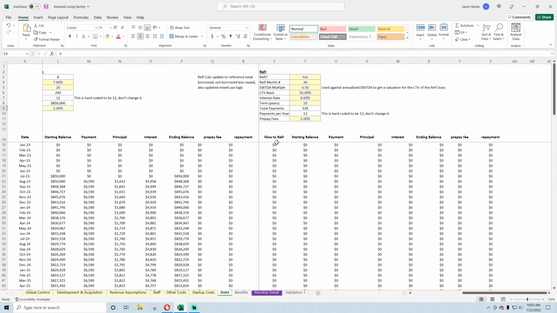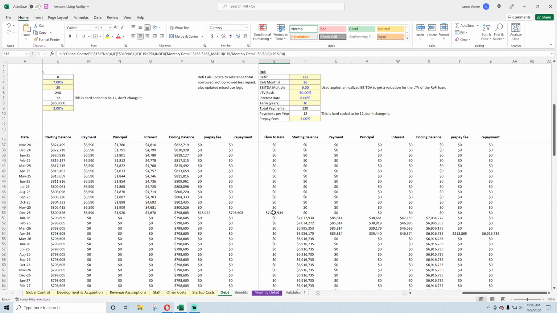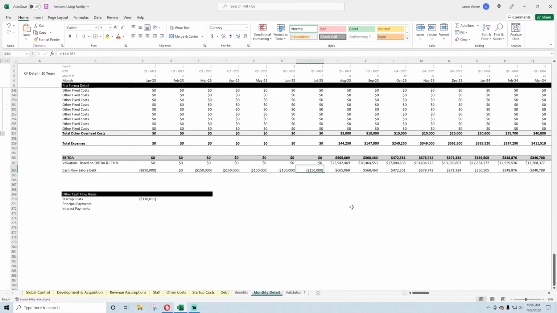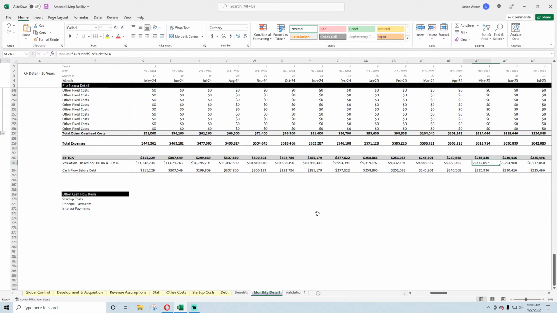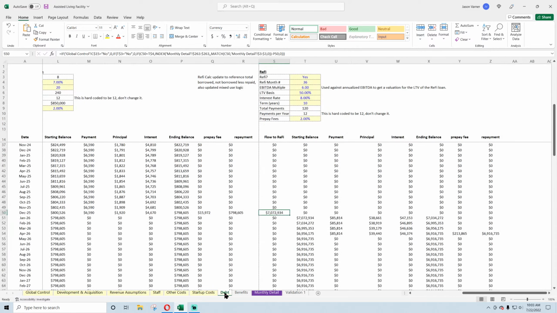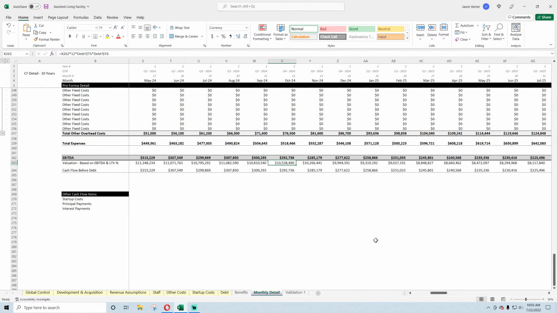Look at this. Yesterday we had an issue. It said we were financing 7 million, but the valuation, let's see, what date was the refi happening? Month 36, which was November 2025.